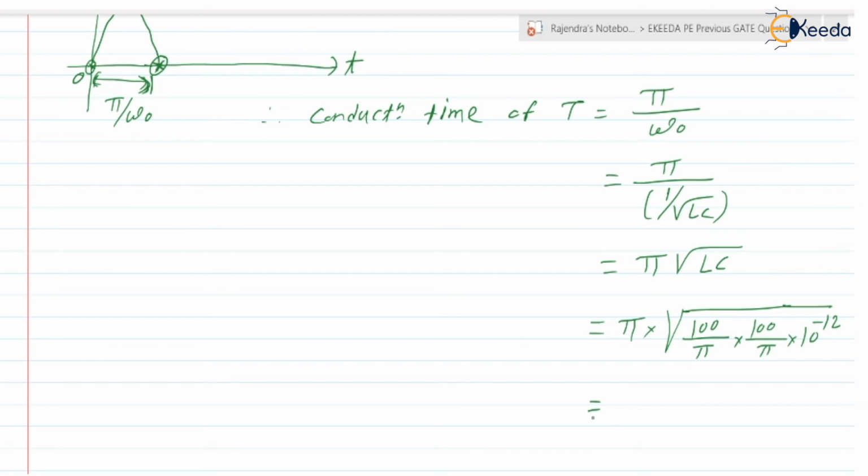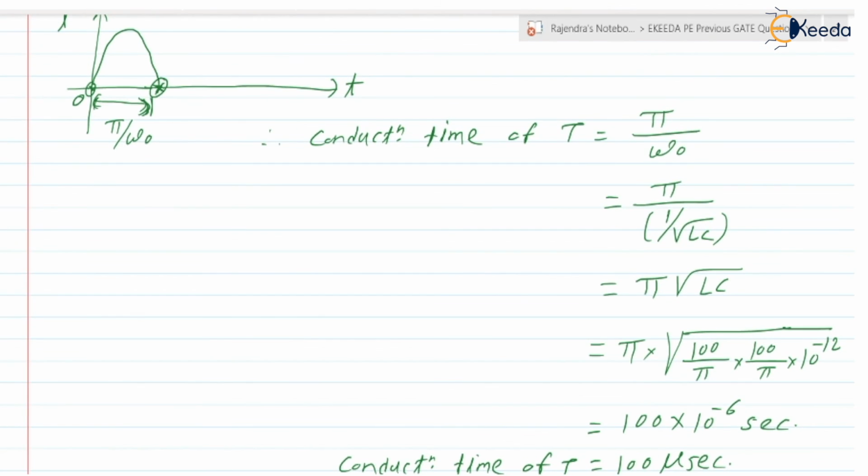So it is 100 into 10 to the power minus 6 seconds, that is 100 microsecond. This is the conduction time of thyristor T, which is 100 microsecond. Is this clear?